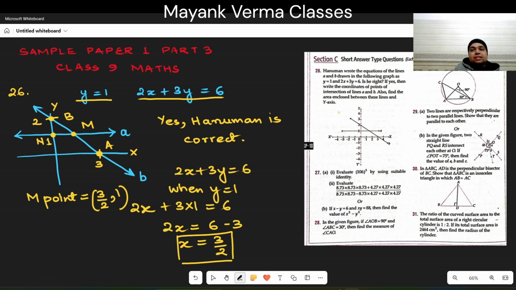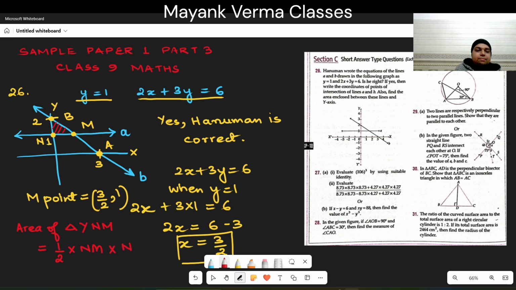Now it is saying to also find the area enclosed by these two lines and the y-axis. Which area are we finding? This area. This is a triangle, right? So the area of triangle YNM will be equal to half into base into height. Base is NM, and NM is this length, which is 3 by 2.